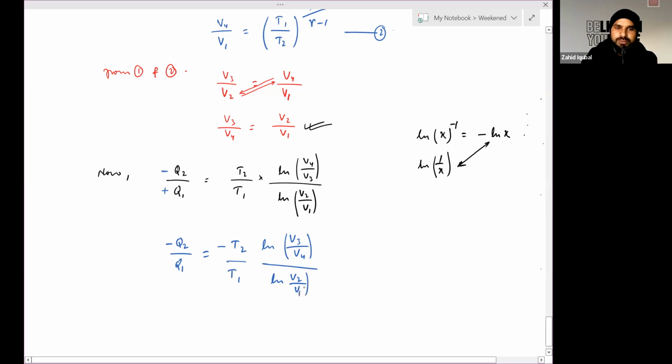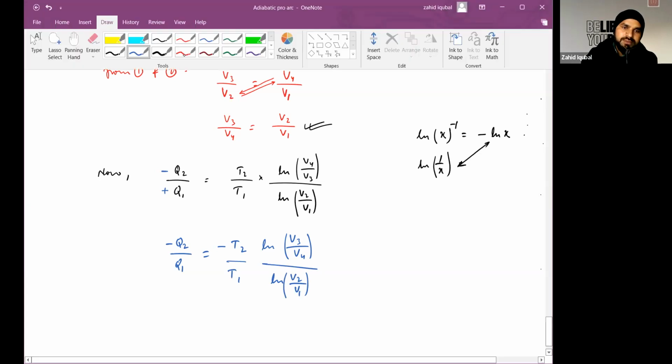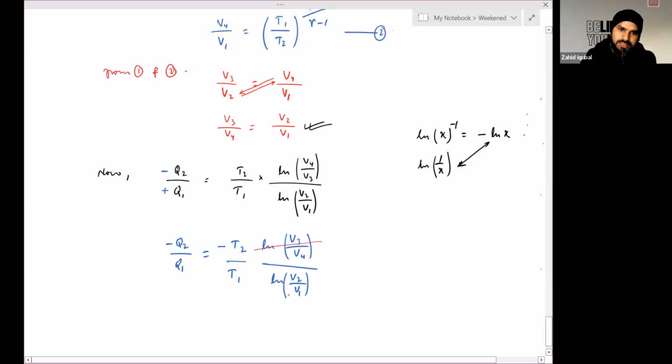Now we have the same quantity in numerator and denominator for the log, so they will cancel out. The minus sign will cancel out too. So you're left with Q2 divided by Q1 equals T2 divided by T1.